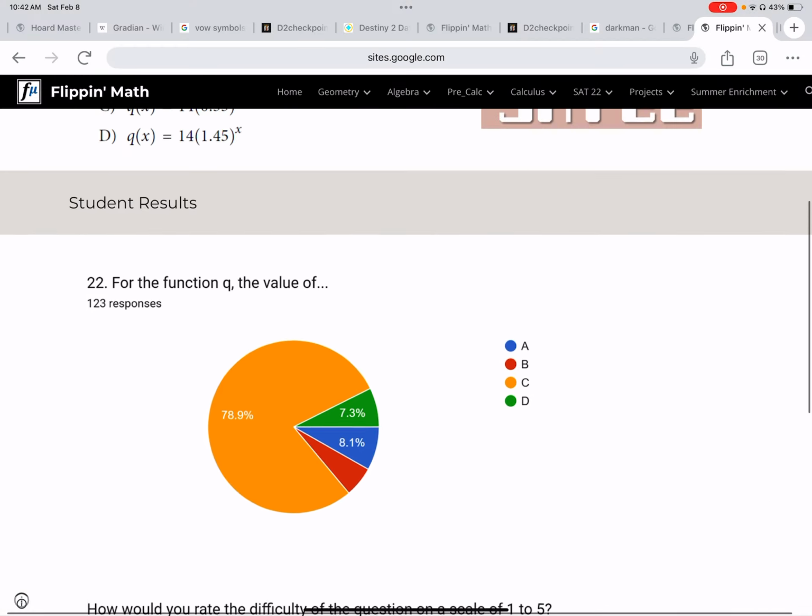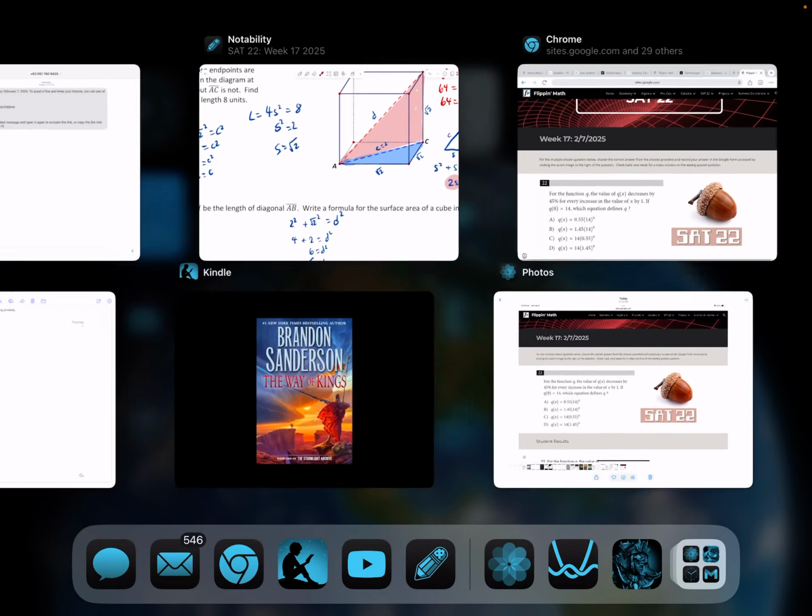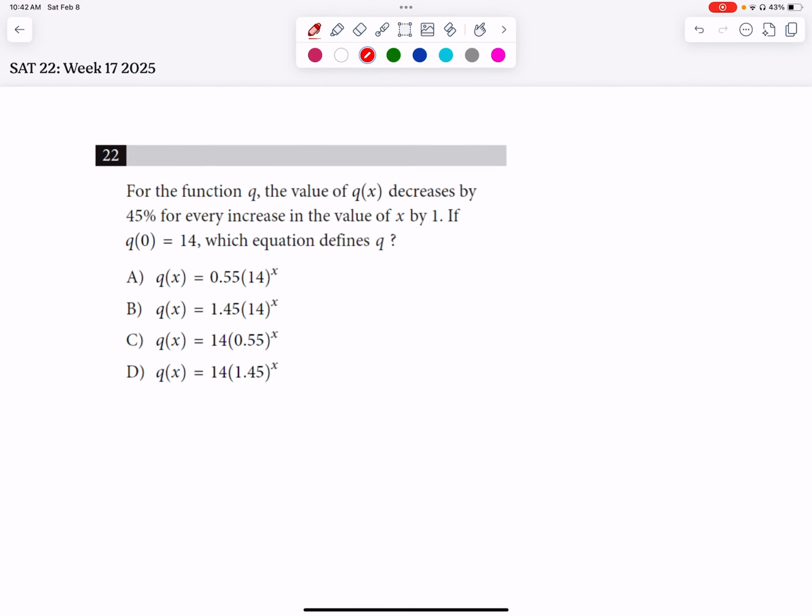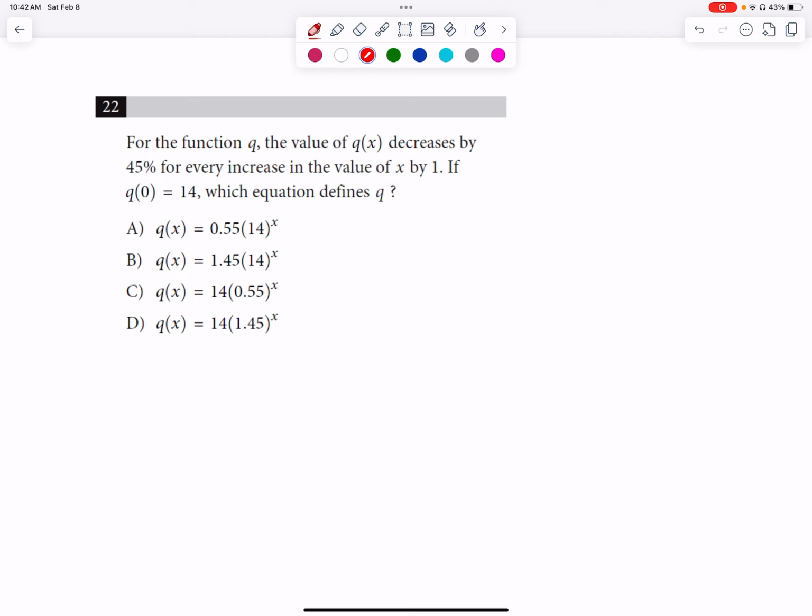Well, let's go ahead and take a look at the solution. Let's dive right in here. So the first thing that I would suggest doing is just plugging in the point that they gave us. So q of 0 is equal to 14. Of course, that just means the ordered pair 0, 14. You plug in 0 for your x, 14 should be the answer.